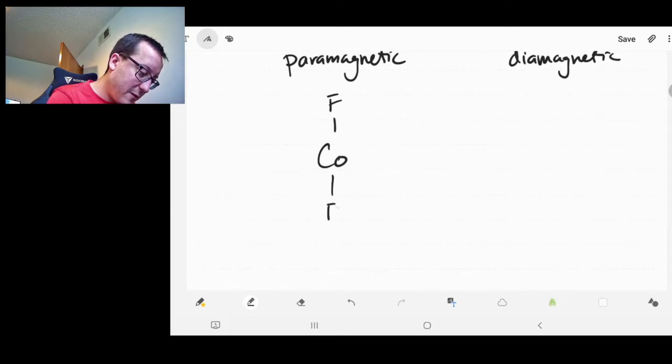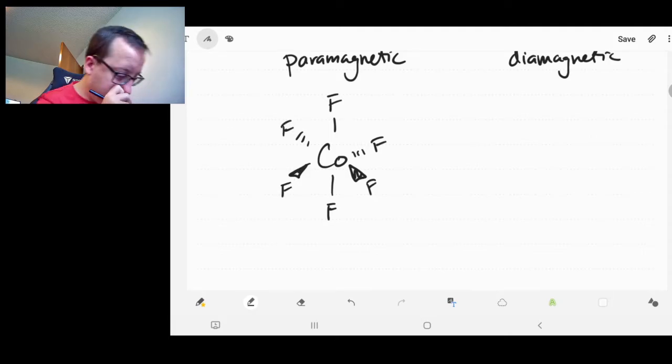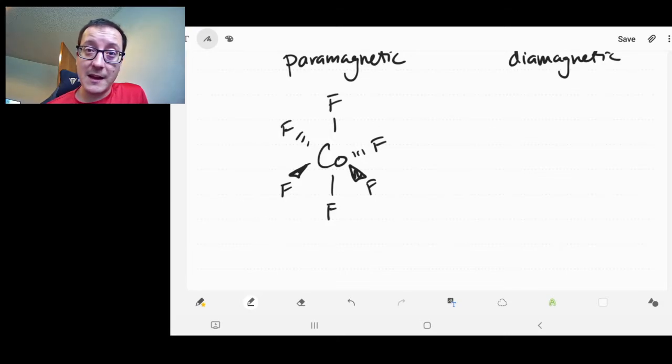Let's take a look at the fluorine one first. Okay, this is our fluorine complex. We have a cobalt 3+ in there, so this is hexafluorocobaltate(III). If we're told this is paramagnetic, that means there have got to be unpaired electrons in here, right? Paramagnetic things mean unpaired electrons.